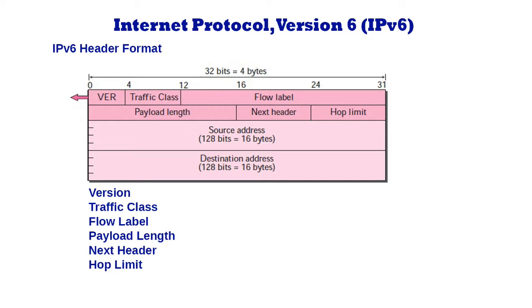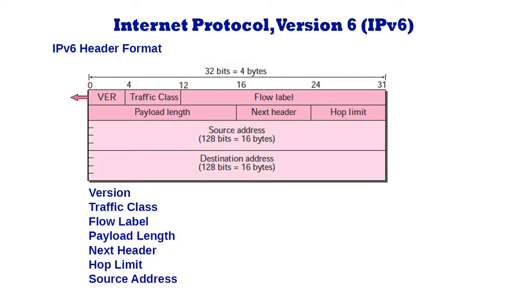Hop limit. Hop limit is an 8-bit unsigned integer and is decremented by 1 by each node that forwards the packet. The packet is discarded if hop limit is decremented to 0.